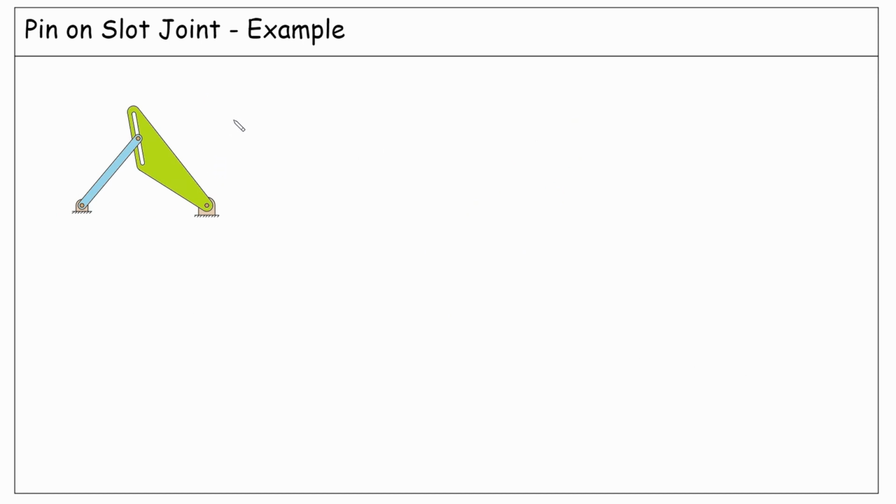Let's have some examples. We want to determine the degrees of freedom in these systems, which is 3 times the number of bodies, minus 3 times J0, minus 2 times J1, minus J2. For this first example, obviously 2 bodies, 2 revolute joints here and here, and 1 pin on a slot joint here.